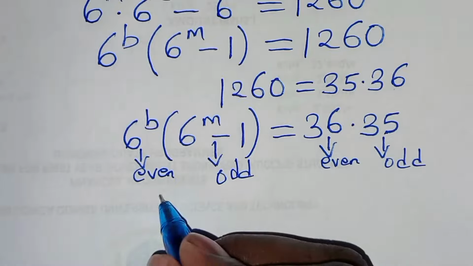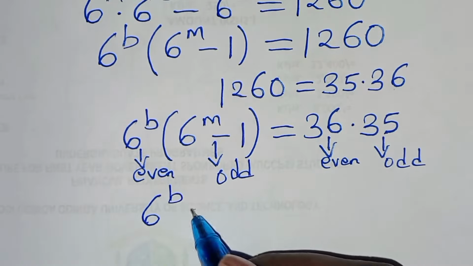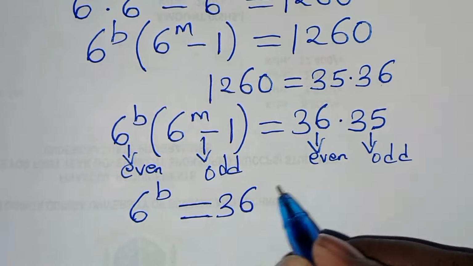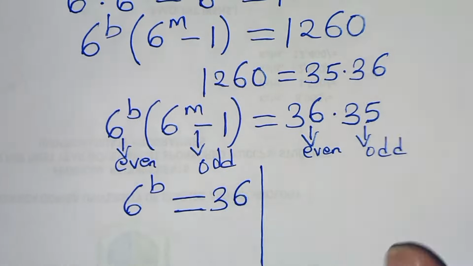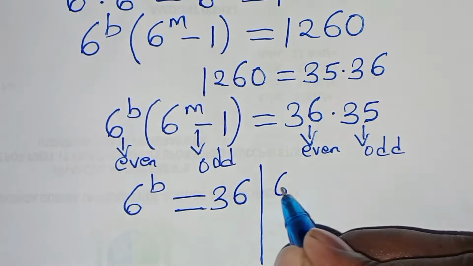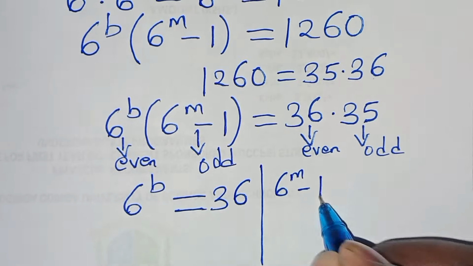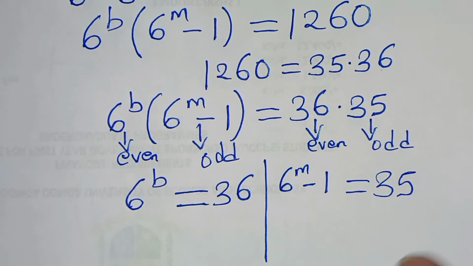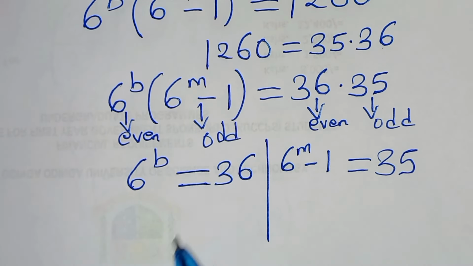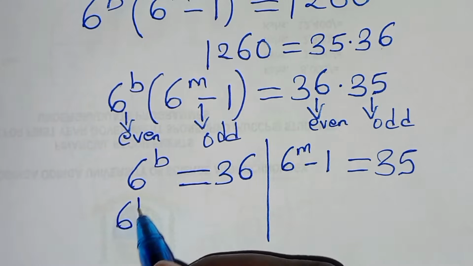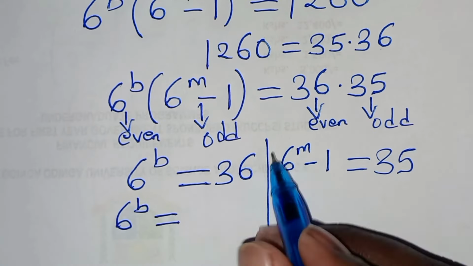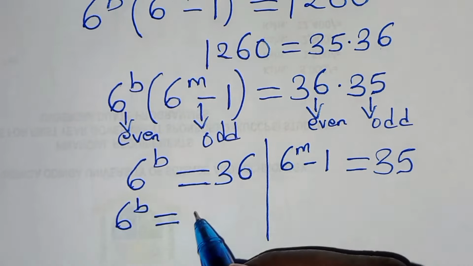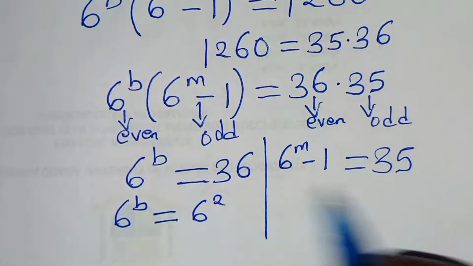So we have 6 to the power of b equal to 36, and on the other side, 6 to the power of m subtract 1 equal to 35. From the first part, 6 to the power of b equal to 36, and we can express 36 as 6 to the power of 2.